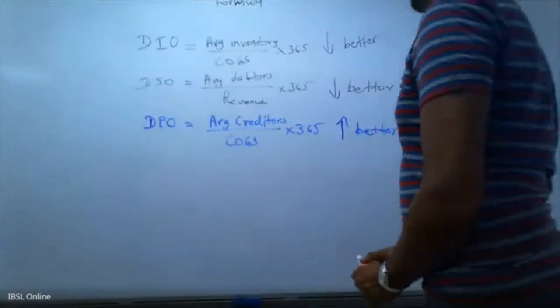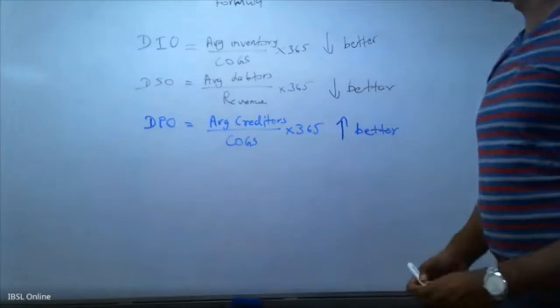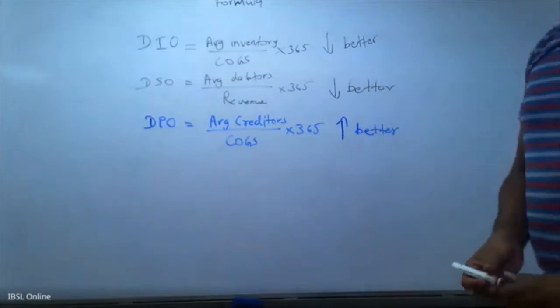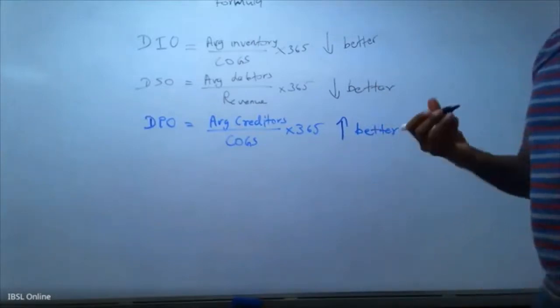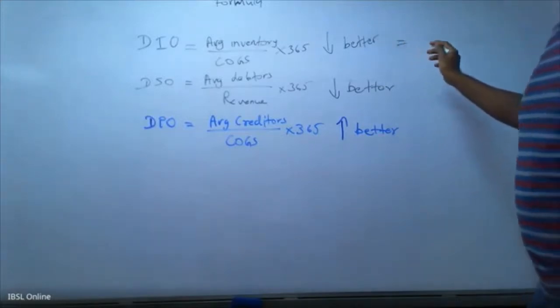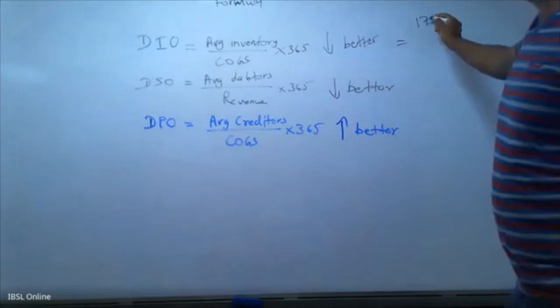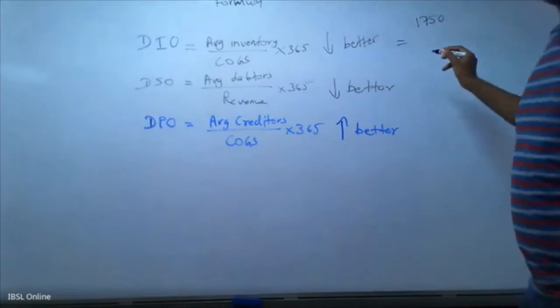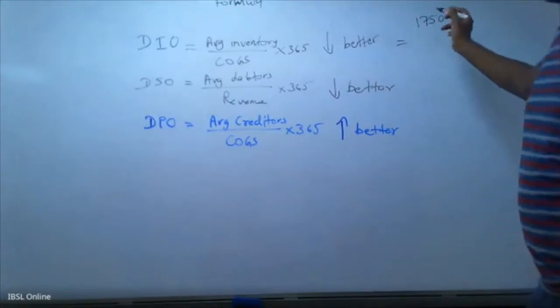So let's try this. You are supposed to calculate days inventory outstanding, which is your average inventory, 1,750. I'll work in thousands. No, I'll do the full.